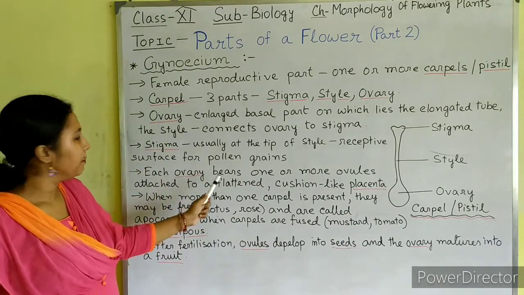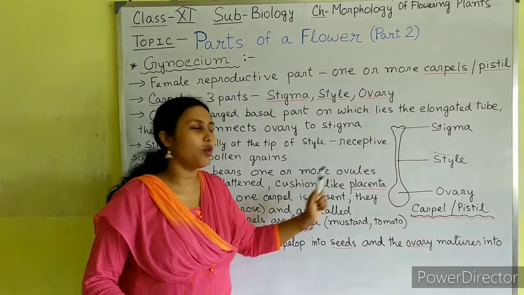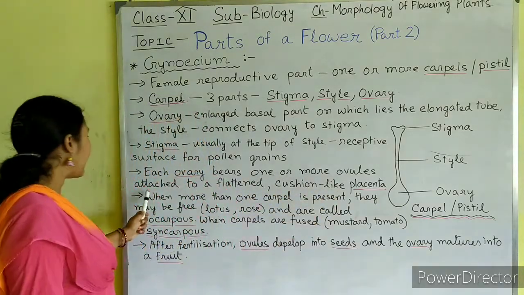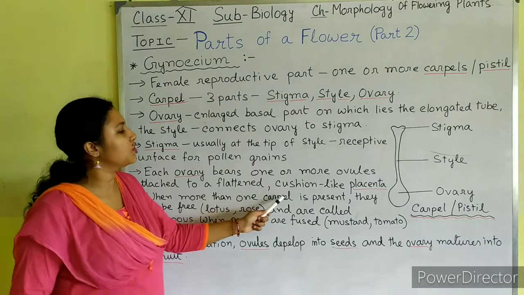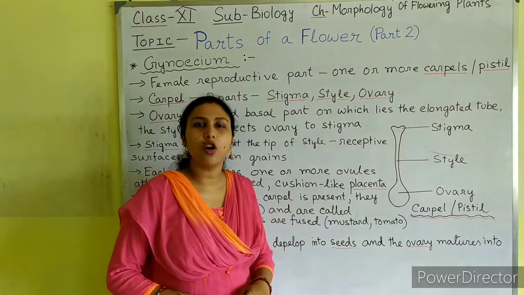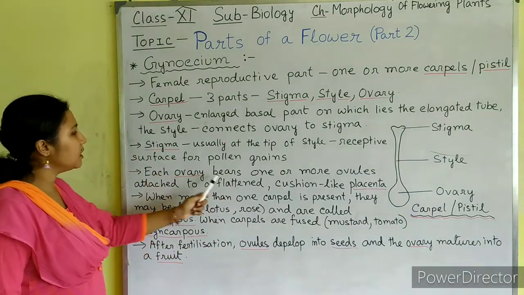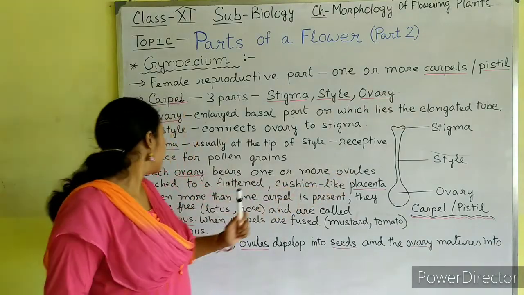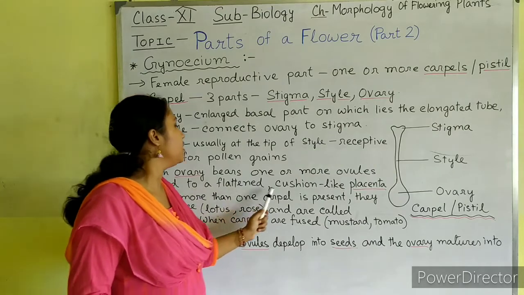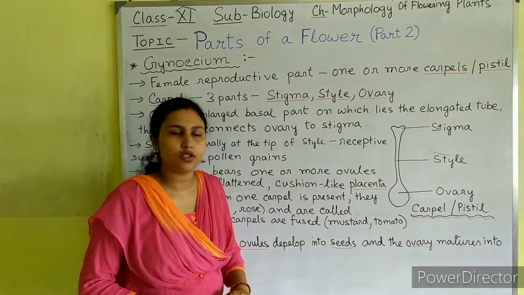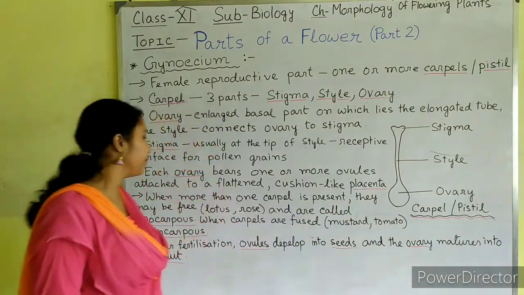Each ovary bears one or more ovules attached to a flattened cushion-like structure called the placenta.